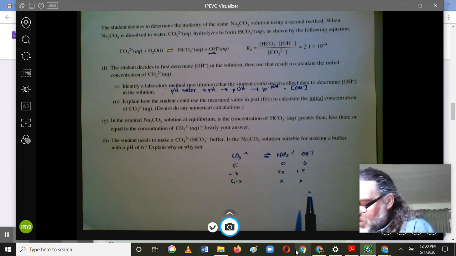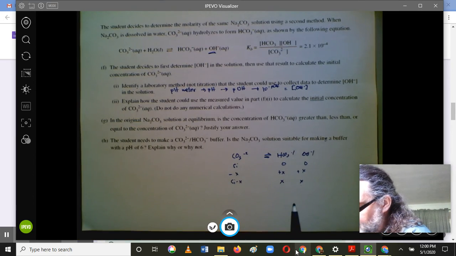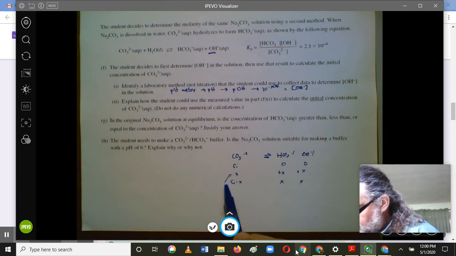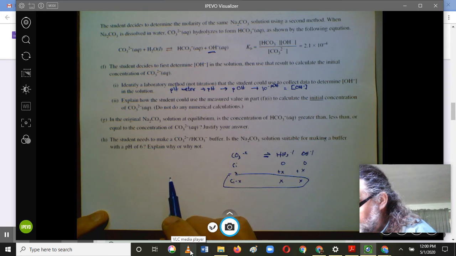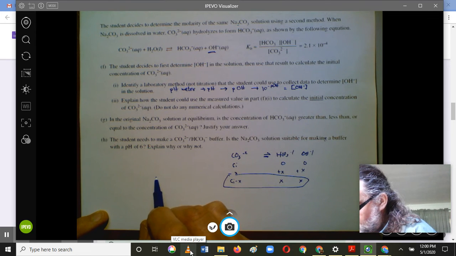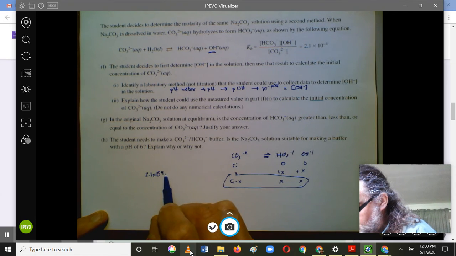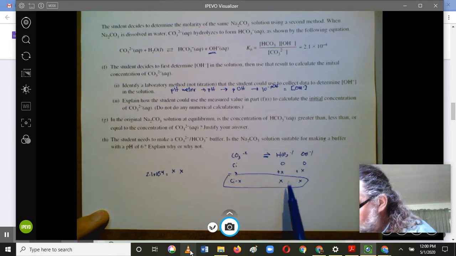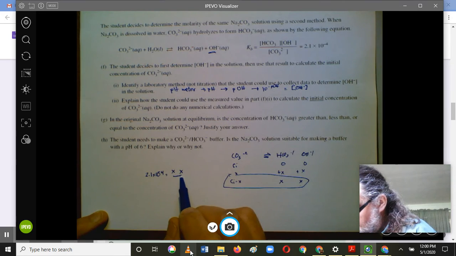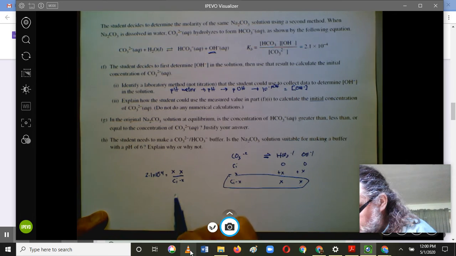Now, at equilibrium, we know this number. We could have calculated that in the first part with the pH meter. But if we take these values and substitute them into our expression for Kb, we would have that 2.1 times 10 to the negative 4th equals x times x, that's the HCO3 and the OH, divided by Ci minus x.